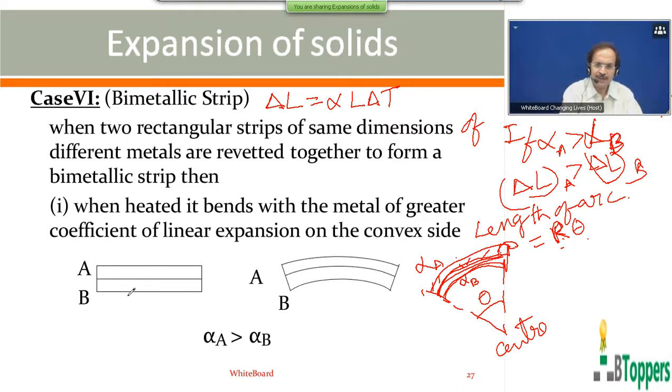In the figure, the left side shows the bimetallic strip before it is heated, and the right side shows the situation when the bimetallic strip is heated. Those who are writing the notes, please pause and write the notes up to here. I want to show another figure showing the situation when the bimetallic strip is cooled.